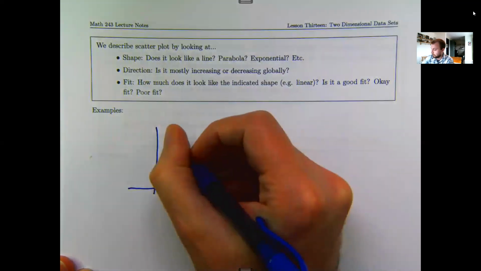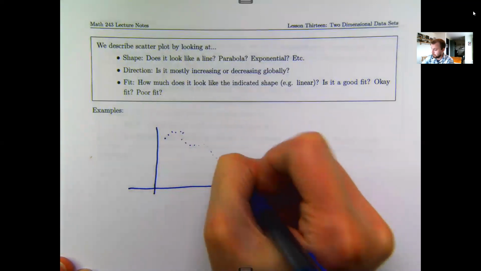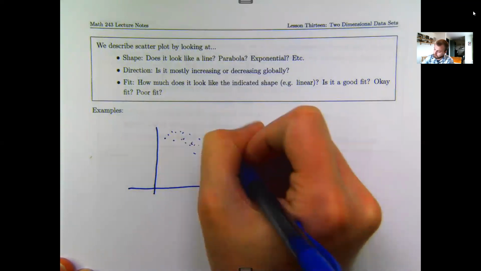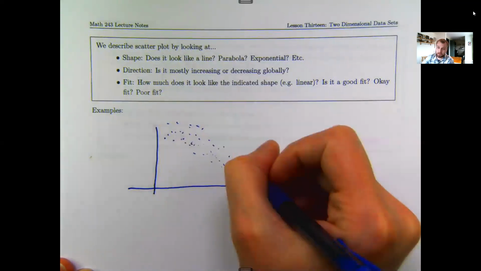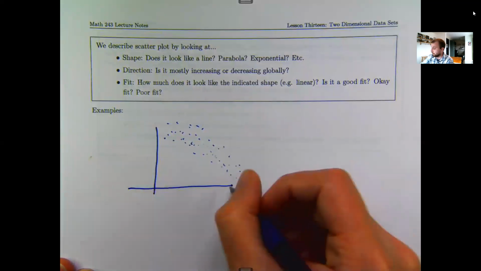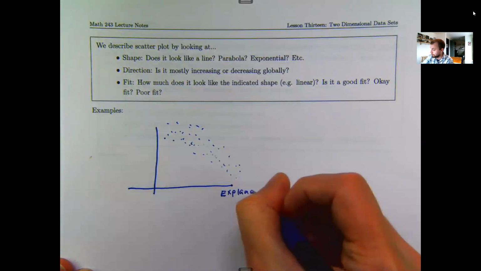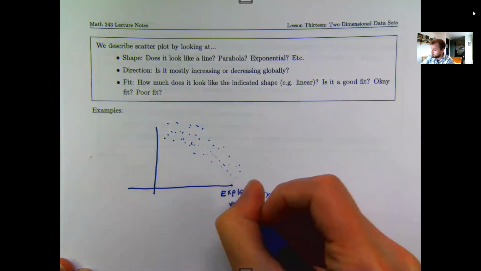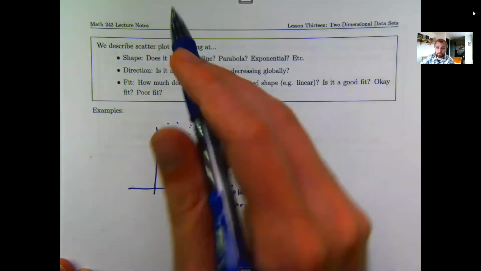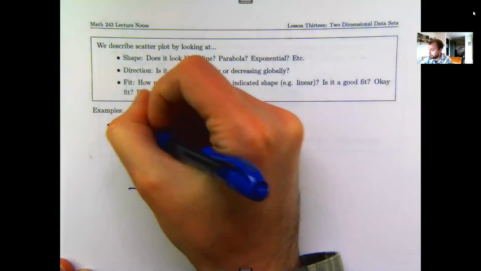So here is my scatter plot. Whatever this x value represents, this is my explanatory variable. Whatever my y value represents, this is my response variable.